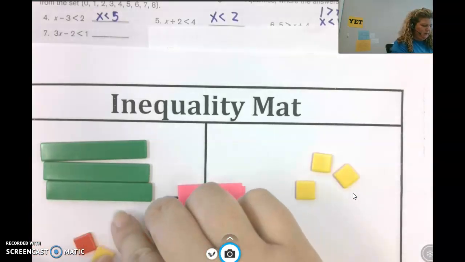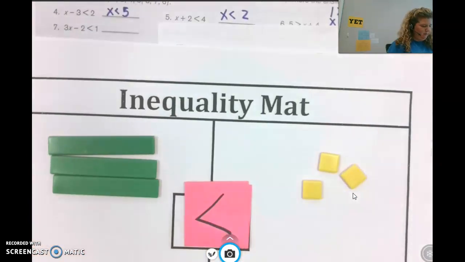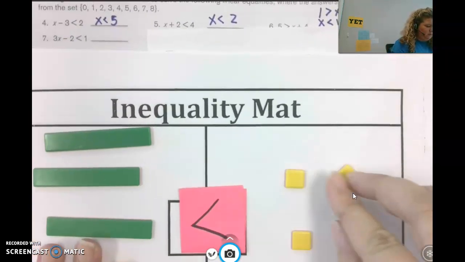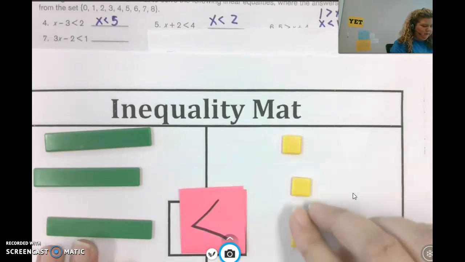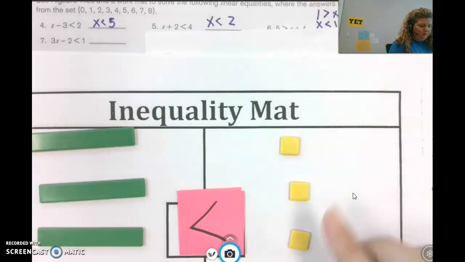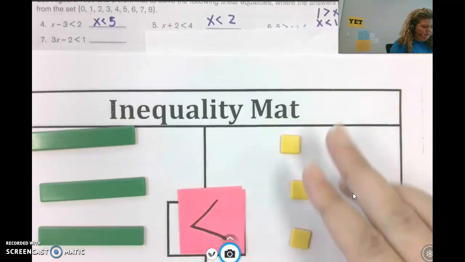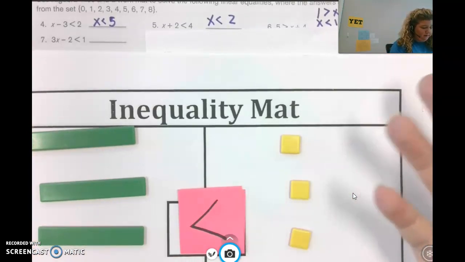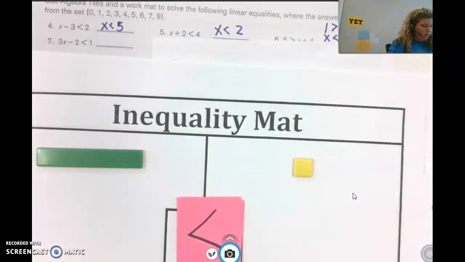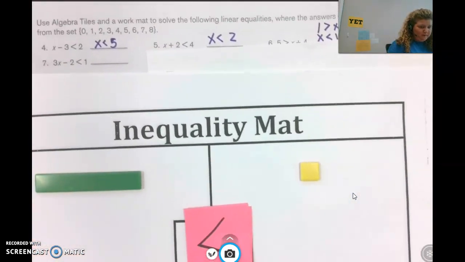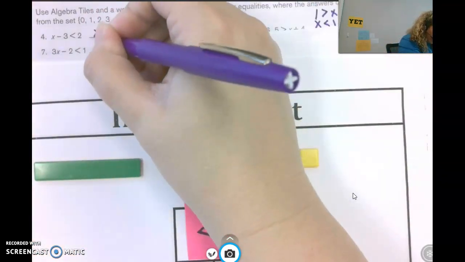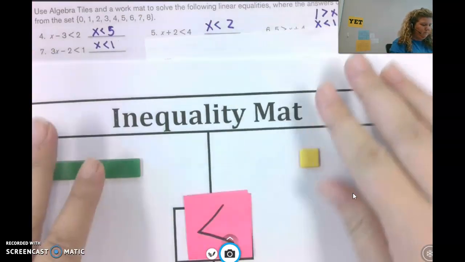So these will make 0 pairs that I can then remove. Then I can separate or divide this into 3, so that each x has an equal number of tiles on the other side. Okay, so then if I just want to look at 1x is less than 1. So x less than 1.